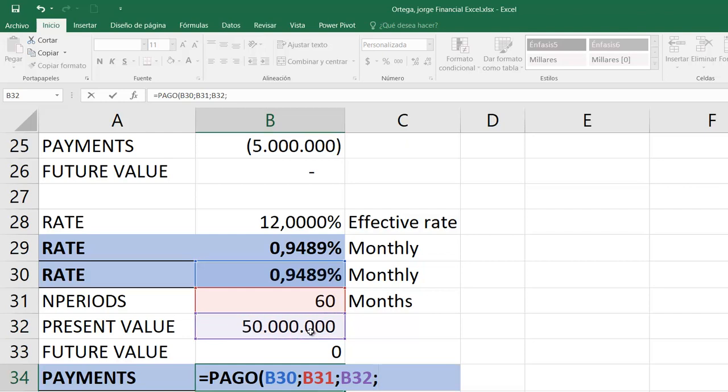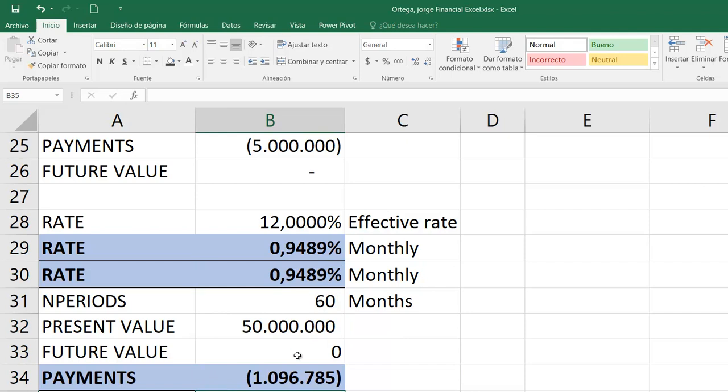Future value is 0. Remember that once you pay all the 60 payments, the future value of the balance would be 0. And you type 0, meaning all the payments are end period. So you need to pay every month 1,096,000. That's it. Thank you for watching.